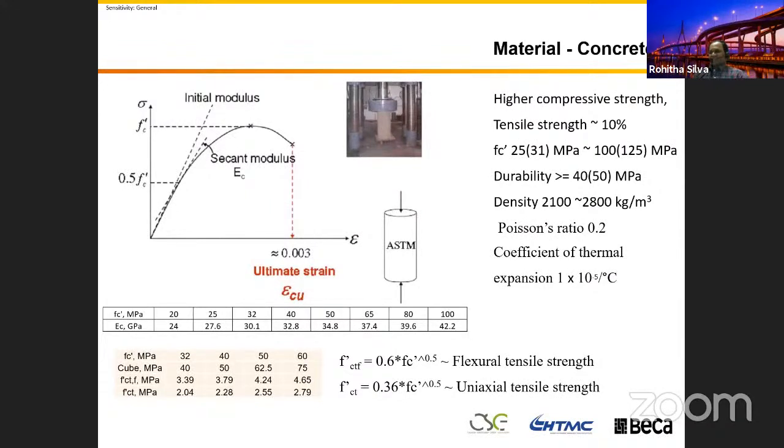In addition, other important design parameters we use are the flexural tensile strength and uniaxial tensile strength of the concrete, based on the AASHTO and Australian standard. These values are tabulated, and you can calculate using any standard. These are the main parameters we use in our bridge design.